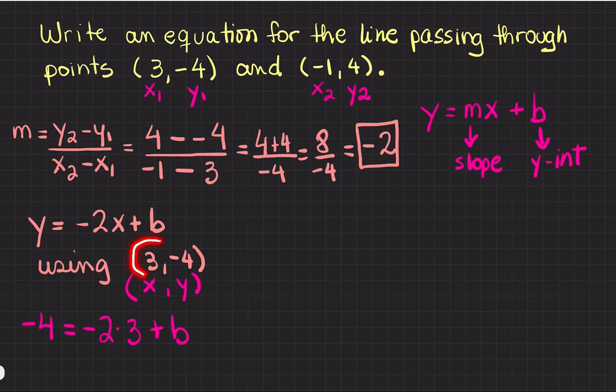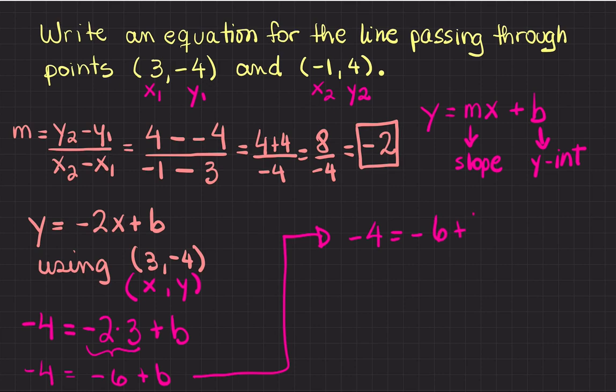I just plug in this x and y in this formula. Now I'm going to do this multiplication, the negative 2 times 3. So negative 4 is equal to negative 2 times 3, which is negative 6, plus b. Remember that b is the y-intercept, which is what we're trying to find.